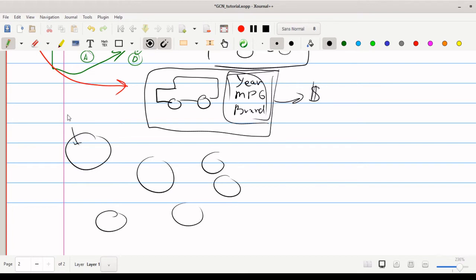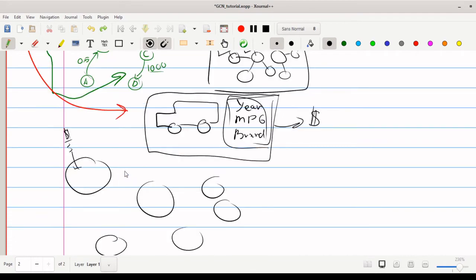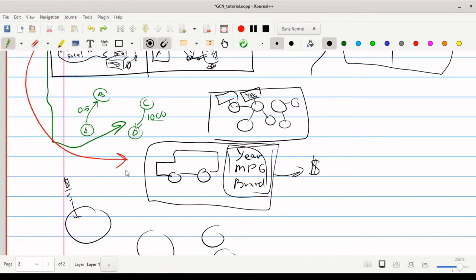Every car would have a bunch of features, miles per gallon, year, brand, etc., and the associated feature that we want to predict, its price. But as long as there's no reasonable structure between those cars, using graphs for this problem doesn't seem very reasonable, because really the graphs can benefit from learning the structure and learning how the structure informs different features. At the same time, if there's no meaningful structure, we can represent this as a graph neural network, but it would be completely redundant and not useful.